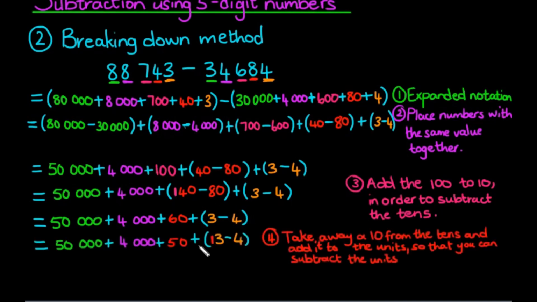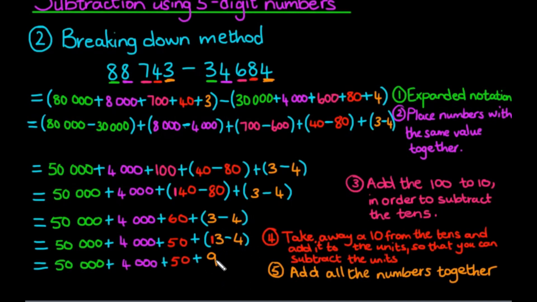So we end up with 13 minus 4. So we have taken away a 10 from the tens and added it to the units so that we can subtract the units. Once we've done that, we'll end up with 9. So 13 minus 4 is 9.